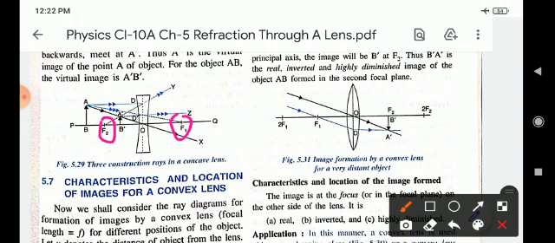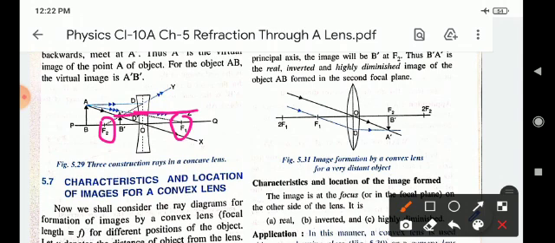And after refraction, the ray AD dash, appearing to meet at the focus F1, will become parallel to the principal axis as D dash Z. After refraction, the refracted rays, when produced backwards, meet at A dash.